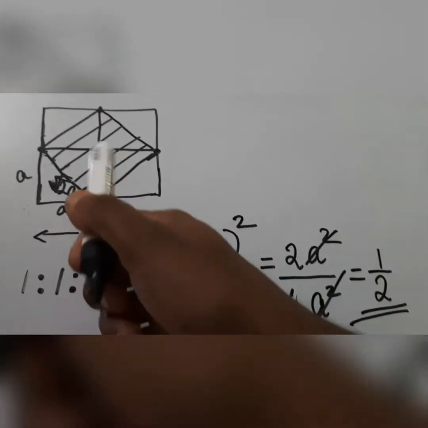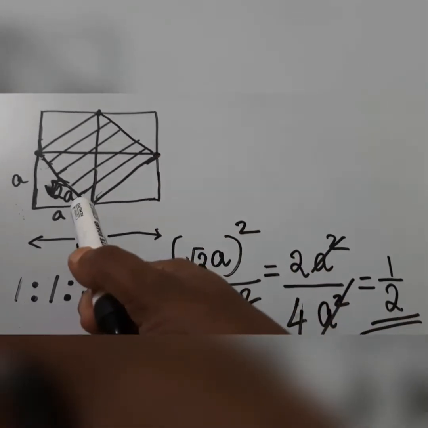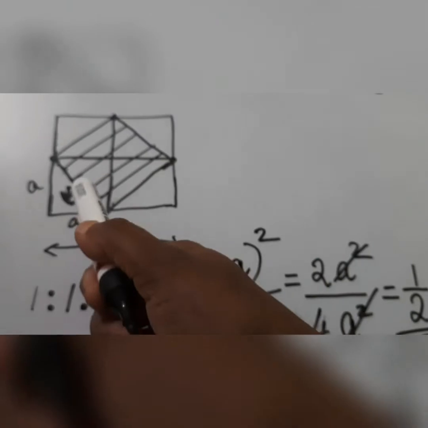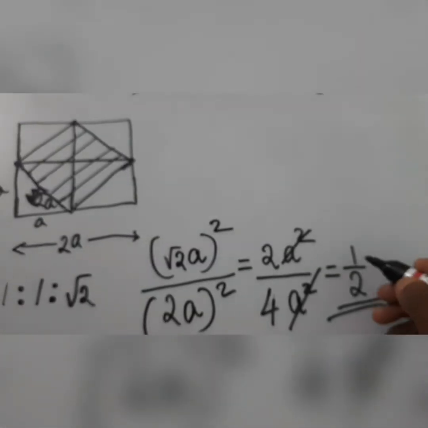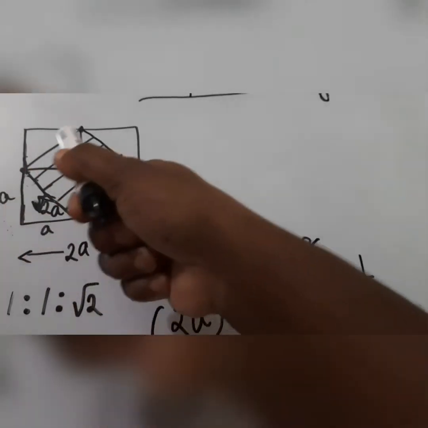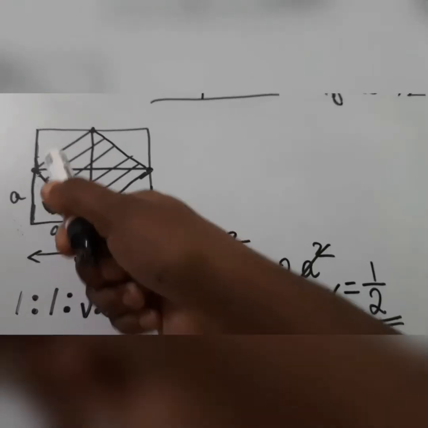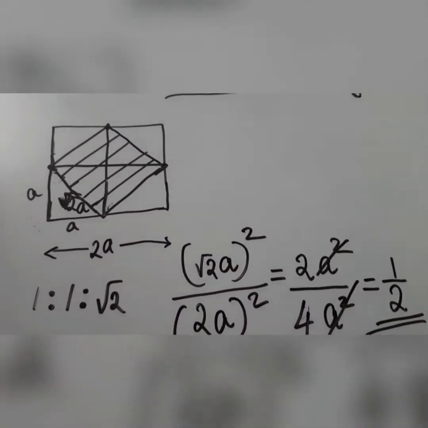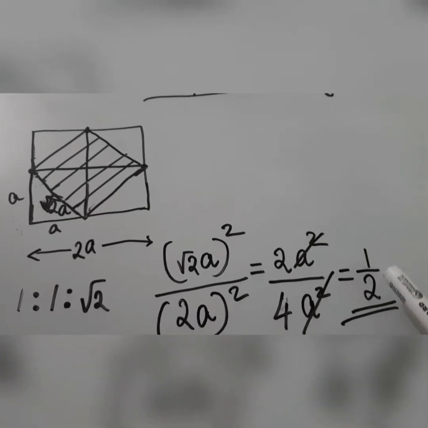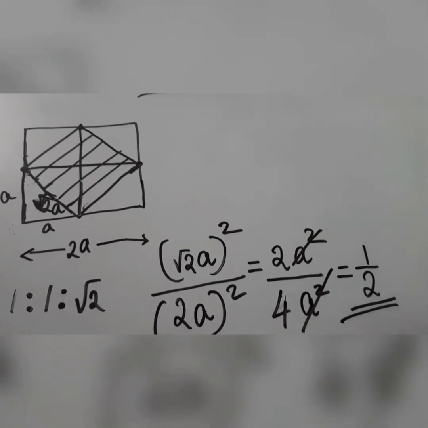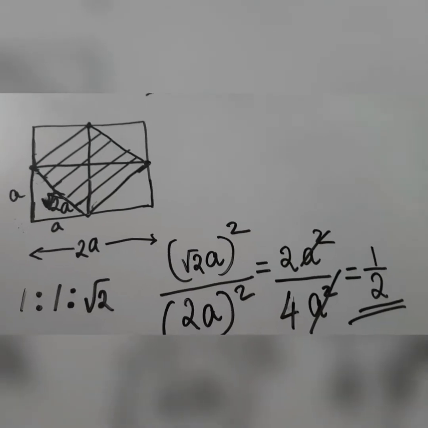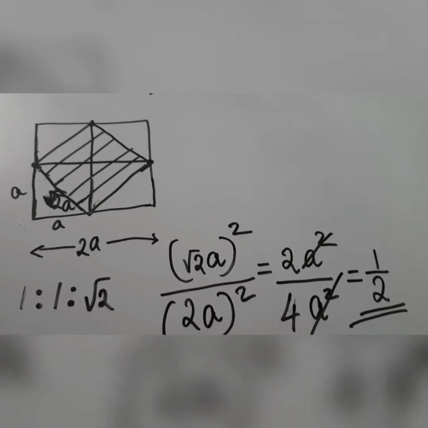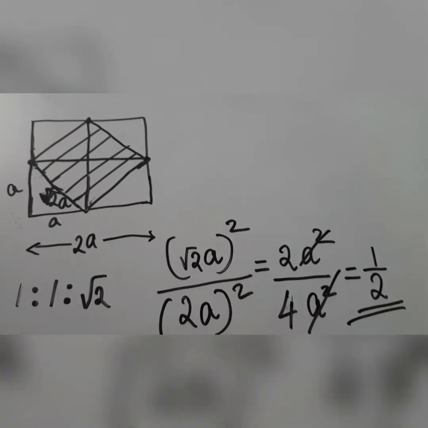That is the probability of putting the dot in the shaded part, because this is the area of the shaded part and this is the total area. So we get the probability 1/2. So we can follow any method. It is not necessary to do it in 3 ways.